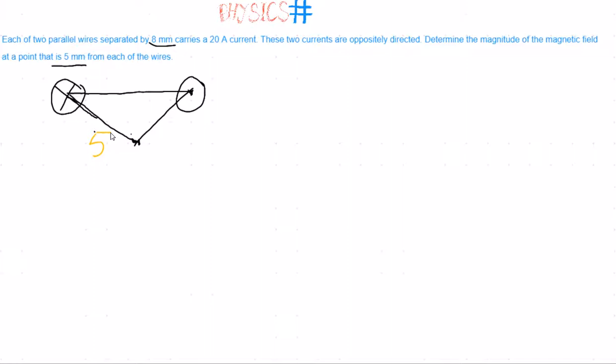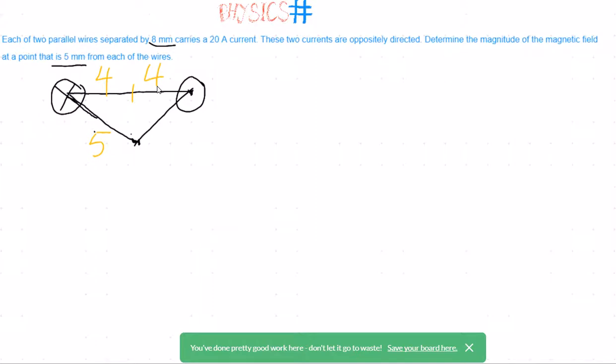The distance between the two conductors is 8 millimeters, so individually, the midpoint and the center of each conductor are 4 millimeters apart. If I connect these two points together, let me redraw that here. Roughly, I can say that this is a right angle triangle. My drawing is not that good, but you get the idea. Using simple geometry, we can say that this side is 3 millimeters.